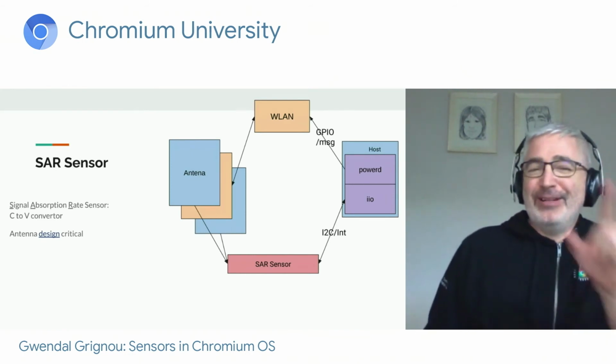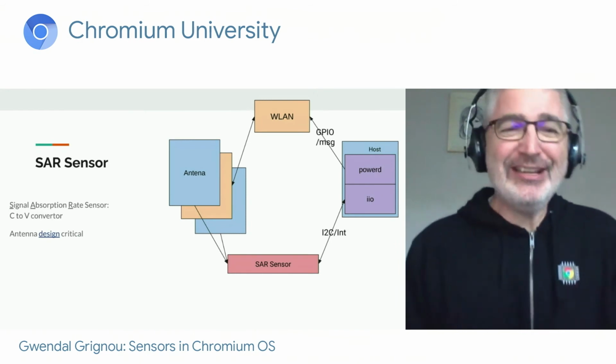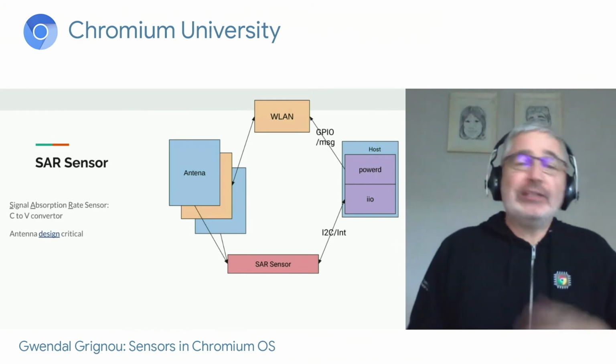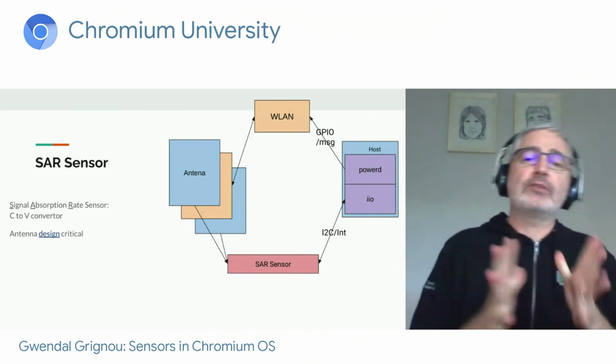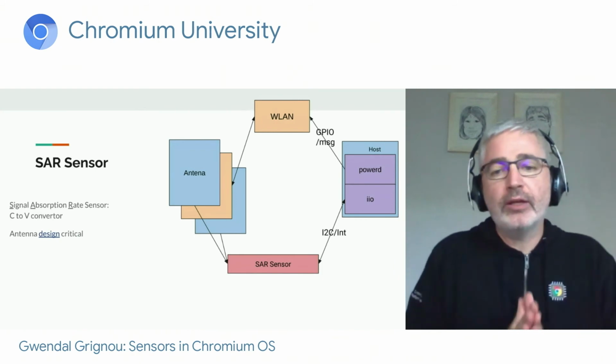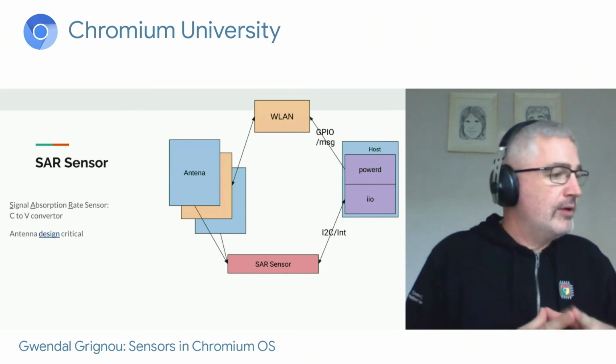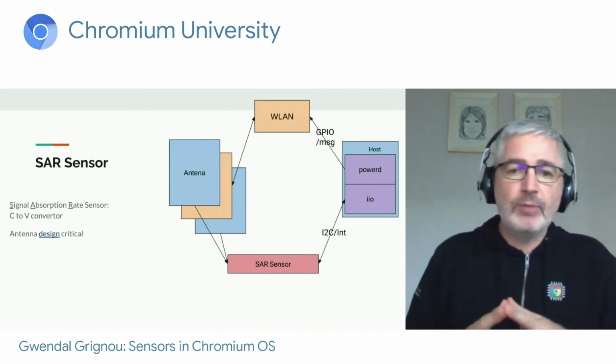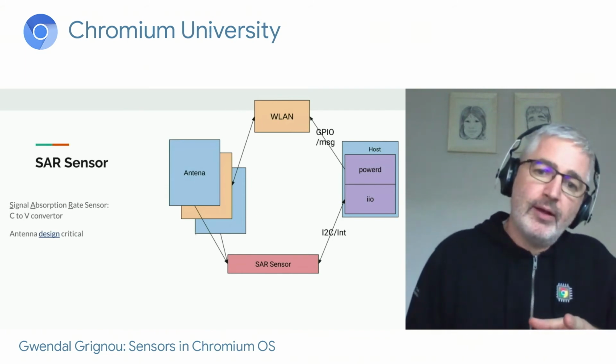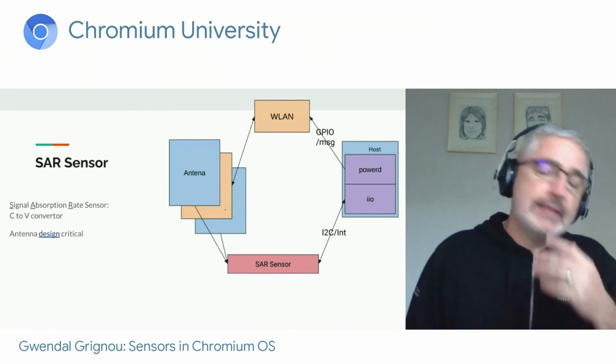One particular sensor which uses this feature is the SAR sensor. SAR, if I get it right, stands for specific absorption rate. It doesn't measure the absorption rate, but it's a sensor we are required by the FCC to use to prevent harmful effects on people.